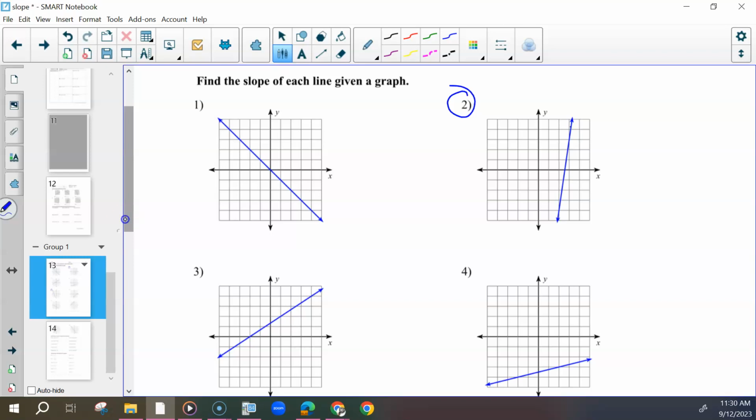It's close though. At both, so that would be at the point 3, 3. But we need one more point. Where else does it cross the grid line exactly?